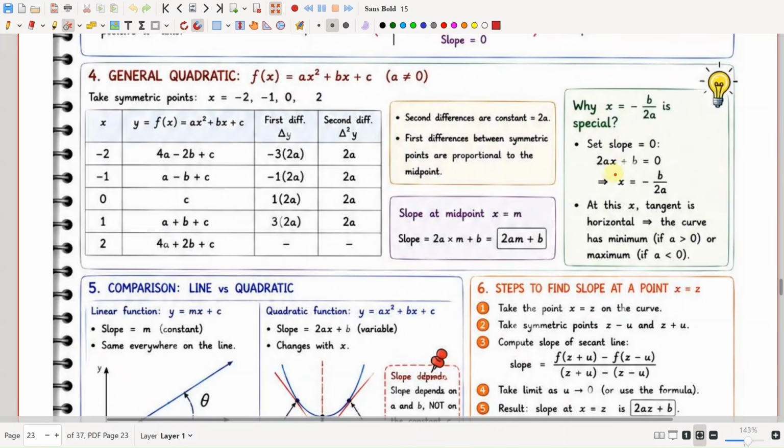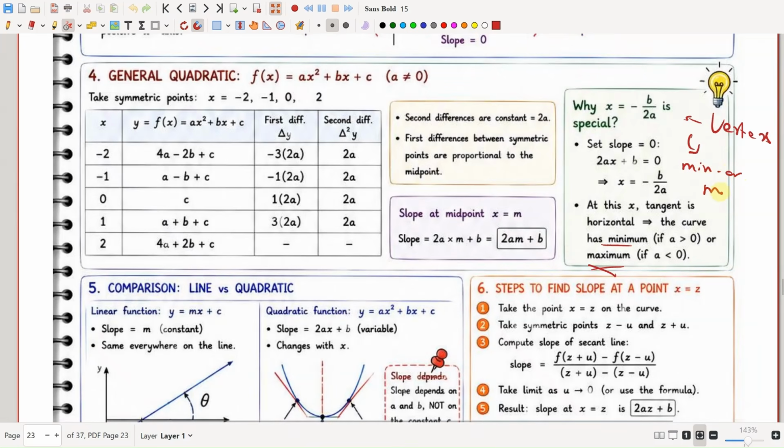Then we will be getting 2ax plus b is equal to 0, which implies x is equal to minus b by 2a. At this x, the tangent is horizontal. That is, the curve has a minimum or a maximum value. So at the vertex, which is minus b by 2a, the curve will have a minimum or maximum value.